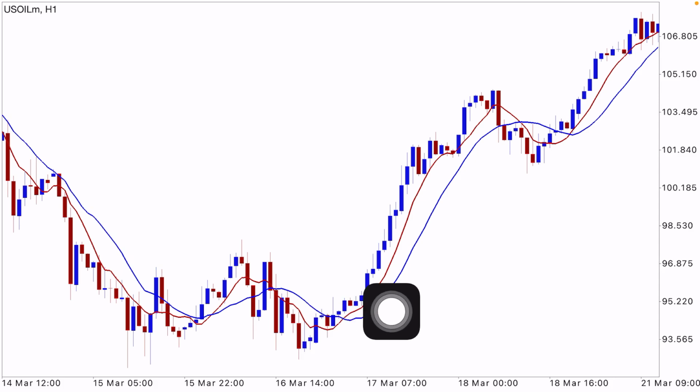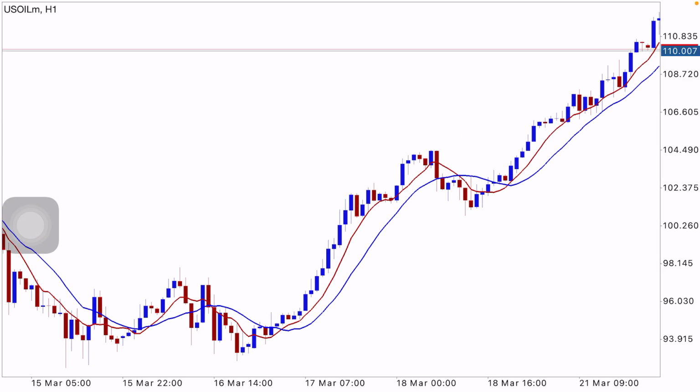And the direction of the faster moving average means that the probability that price will move into that direction is very high. So let's say after a golden cross the red line crosses, because always it will be the red line that will cross the blue line. Do you get it? It will be the red line that will cross the blue line because it moves faster than the blue line.